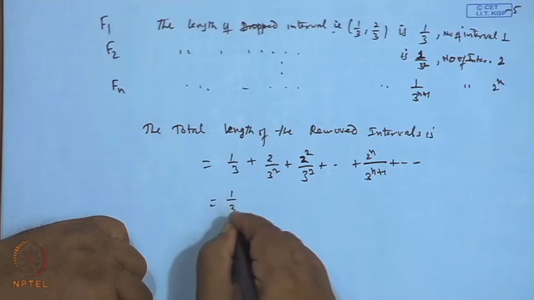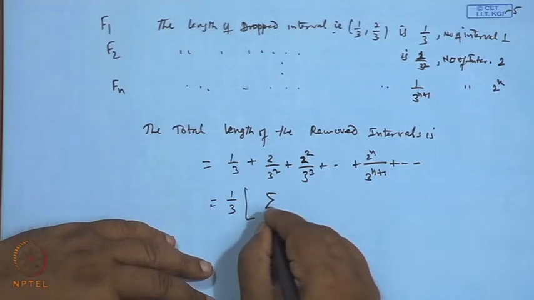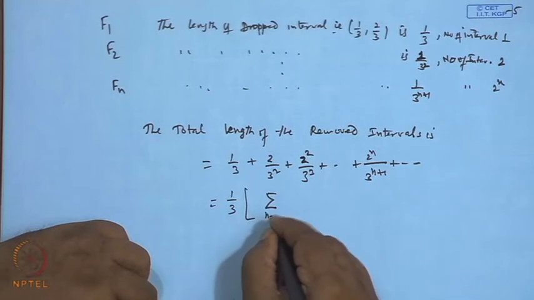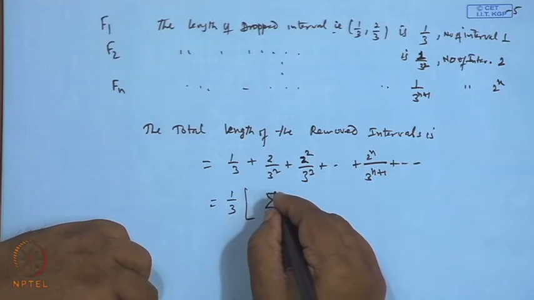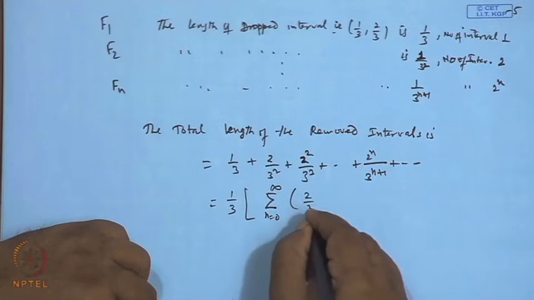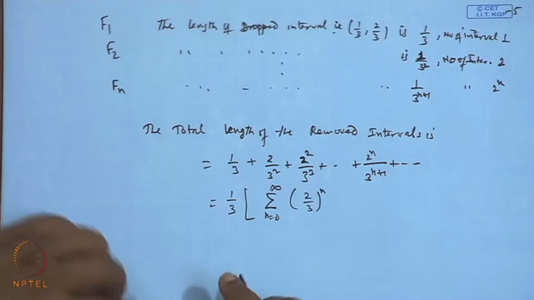Basically, this is 1/3 times the sum over n from 0 to infinity of (2/3) to the power n.